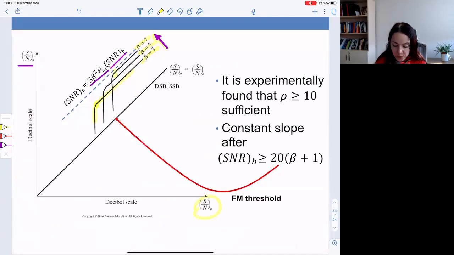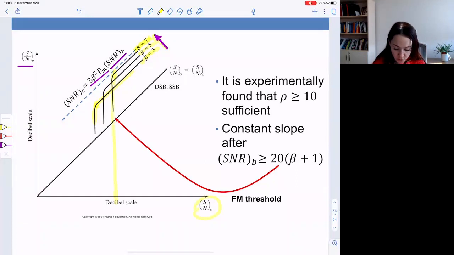That point is going to be reached earlier for large values of beta than for small values of beta. So the threshold effect is encountered earlier when your beta is large. So if you want large beta, yes, you can get a good figure of merit, but you need to ensure that you're above the threshold, and the threshold is larger with large beta.